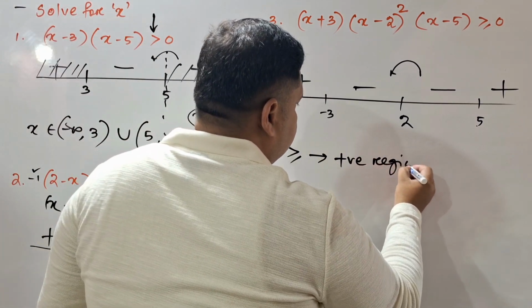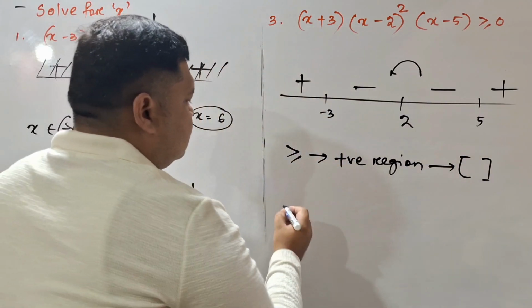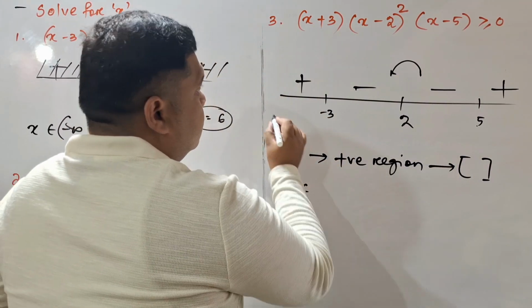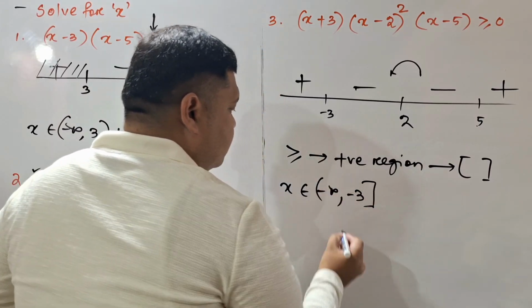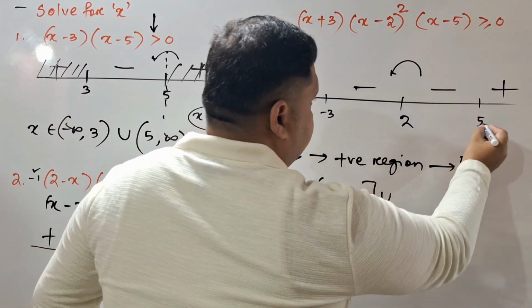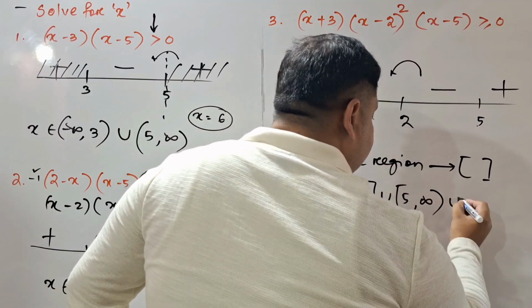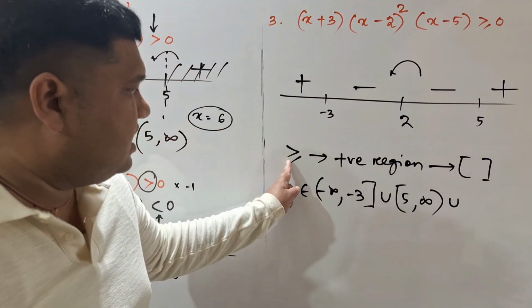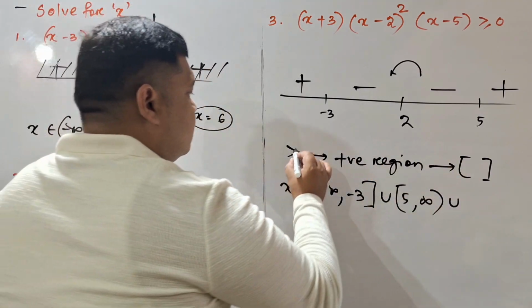The positive region. And which bracket do I have to use? Close bracket. So my answer is x belongs to the positive region, that means minus infinity to minus 3, close bracket, union, I have to select 5 to infinity, union, look here, greater than equal to means positive region, close bracket, and greater than equal to means also what?